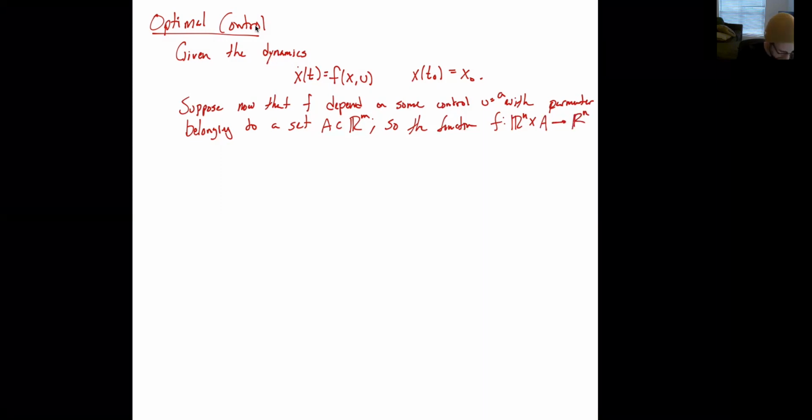So this notation, if you haven't seen it before, just means that the function f is a mapping from Rn, so from this space, from these argument inputs, and this is the argument output. Okay. So from this to this. Great.